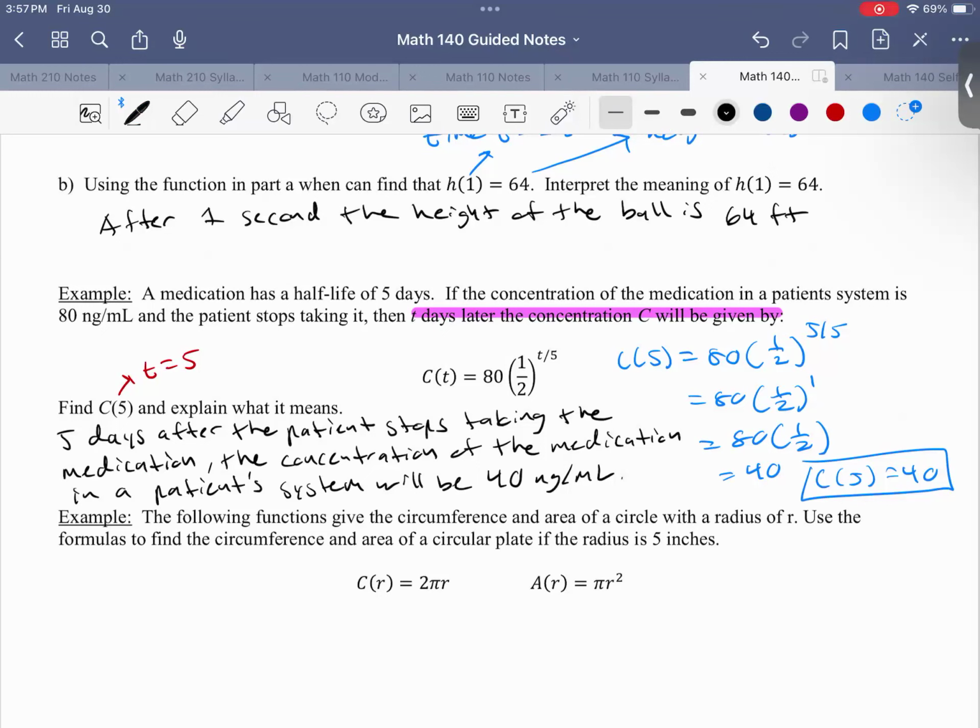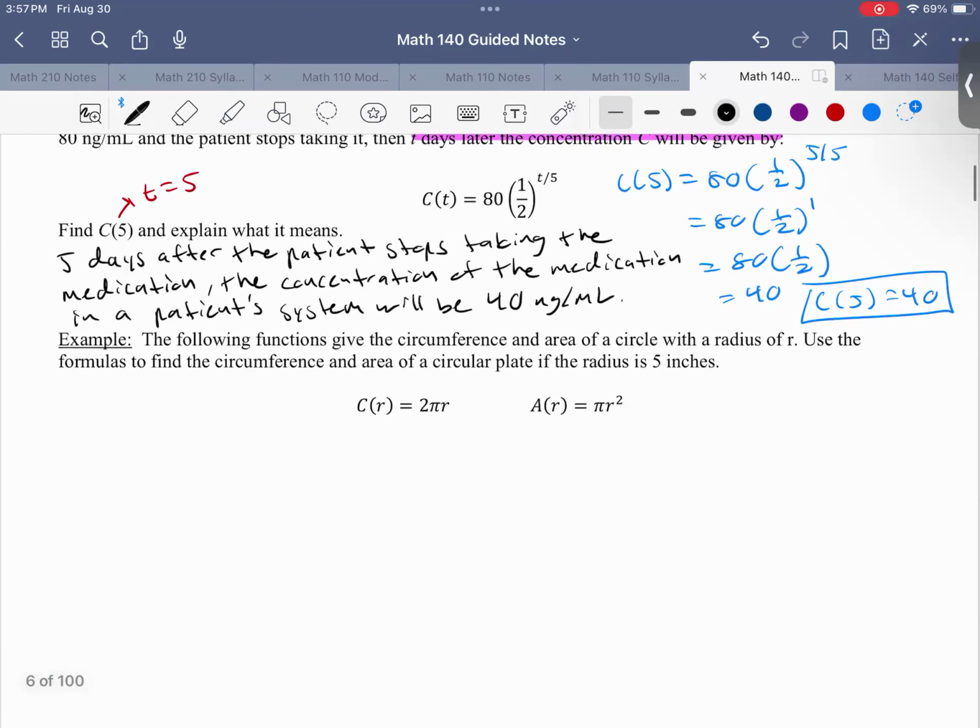Okay, so the last example here is talking about circumference and area. The following functions give the circumference and area of a circle with a radius of r. Use a formula to find the circumference and area of a circular plate if the radius is 5 inches. So the radius is 5 inches, and this is our input. You see how both of these are just functions of r.